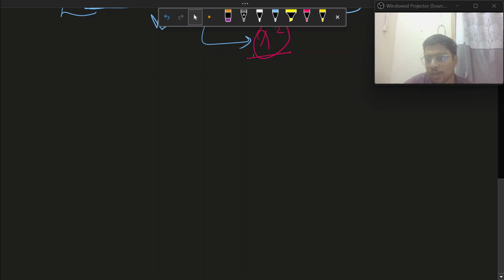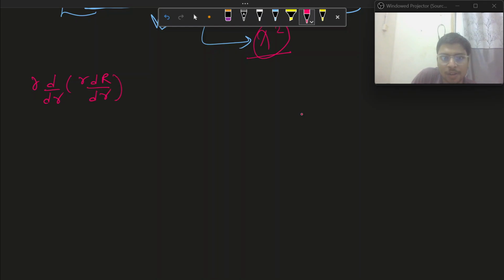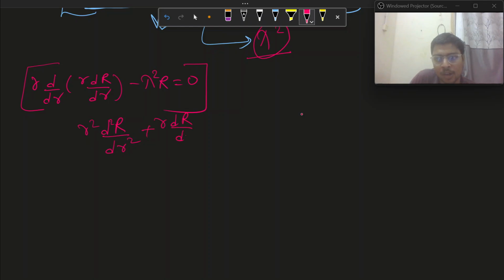Let me take the things one by one. So r d by dr of r dR by dr minus lambda squared R is equal to 0, that is r squared d2R by dr squared plus r dR by dr minus lambda squared R is equal to 0.